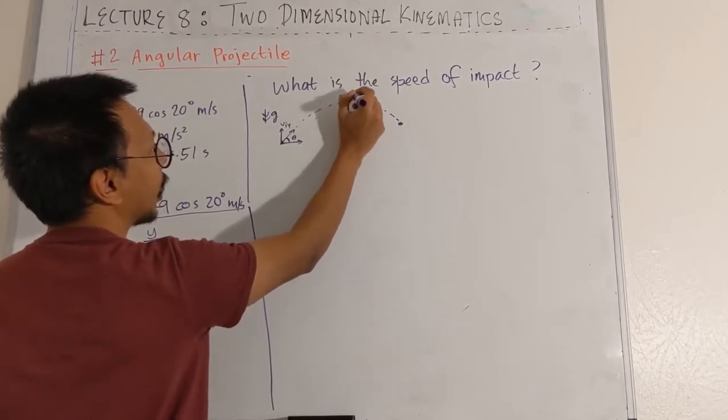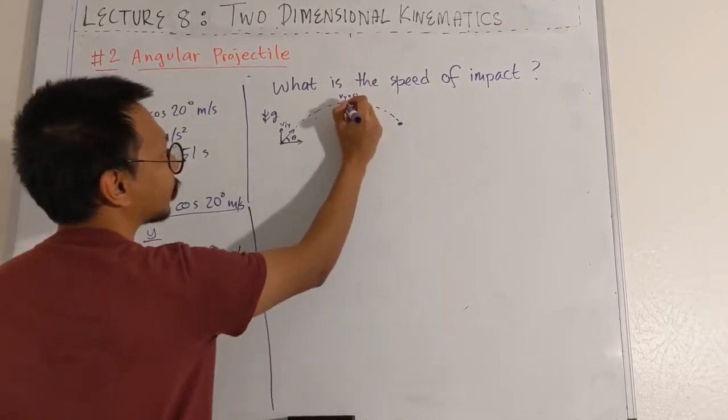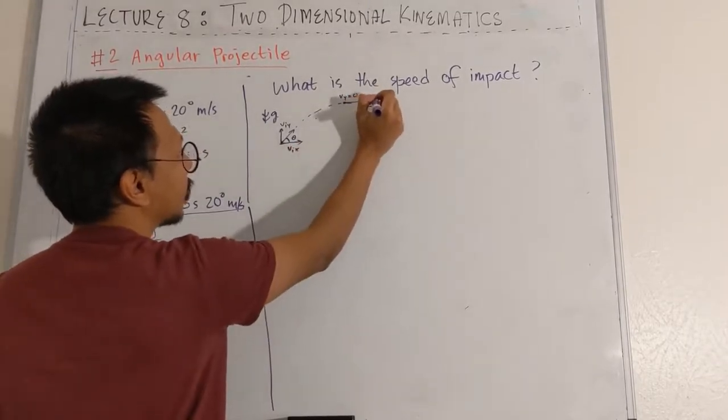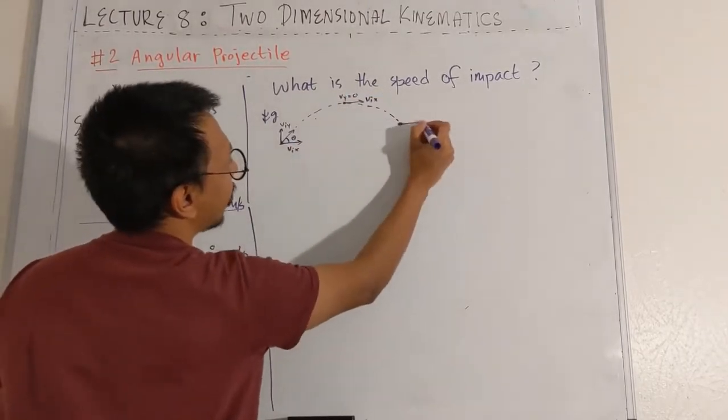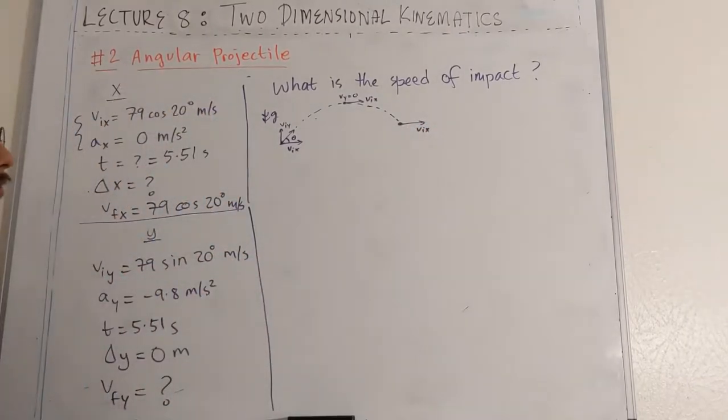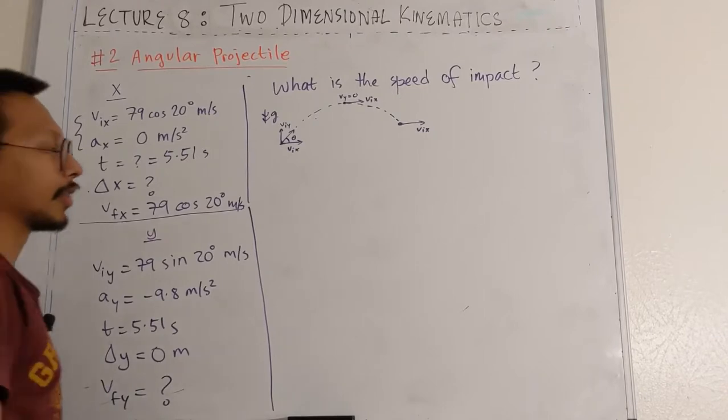So vy at maximum height is 0. However, this vix doesn't change at any point in the projectile's motion because there is no acceleration in the x direction.